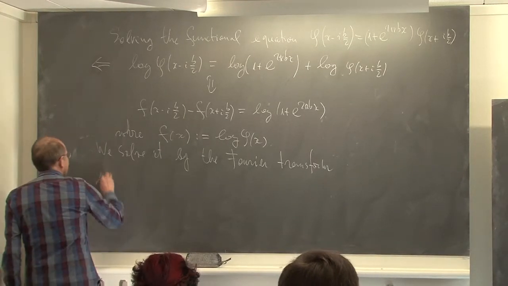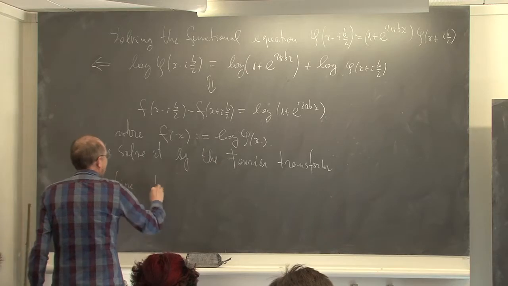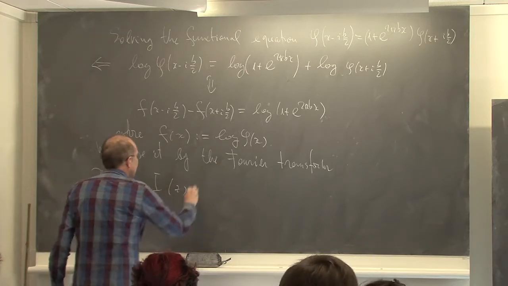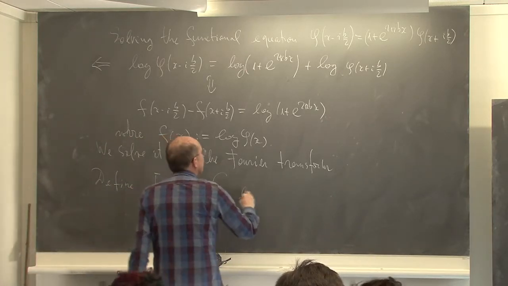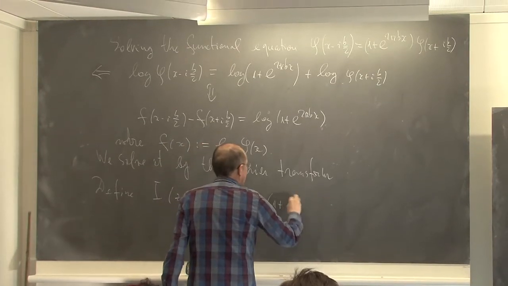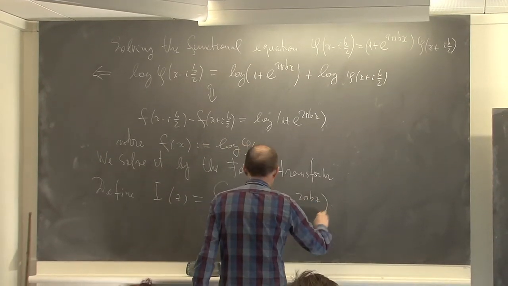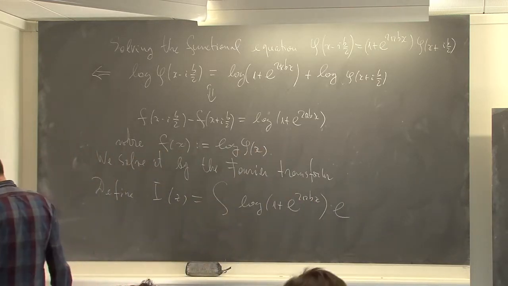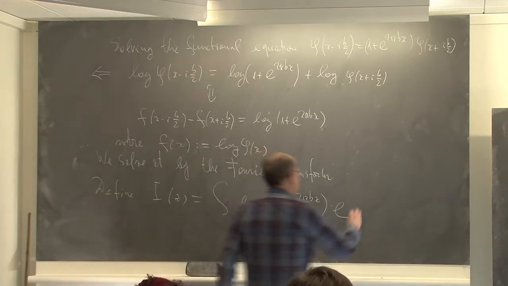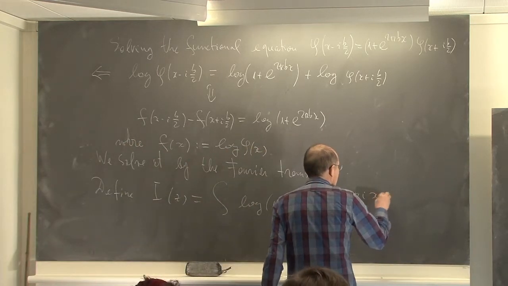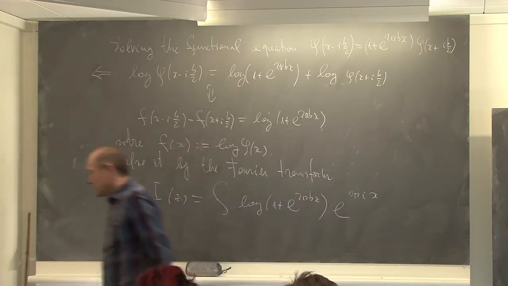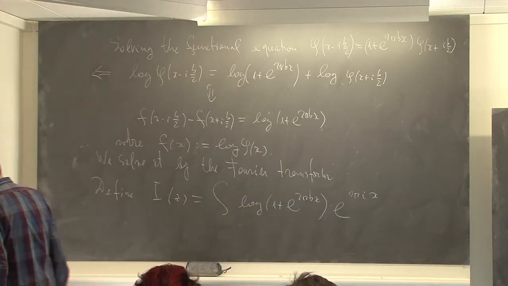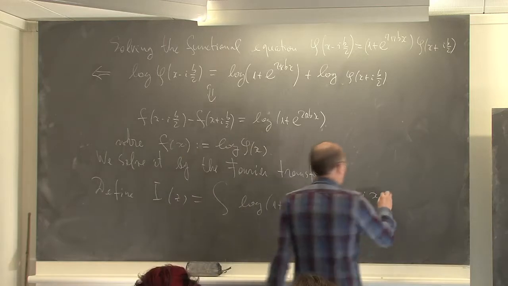So define I of z to be an integral of log(1 + e^(2πbx)) e^(2πixz) dx. So let me see what my Fourier transformation conventions are. I applied just the usual kernel, which we use every now and then in the quantum context.